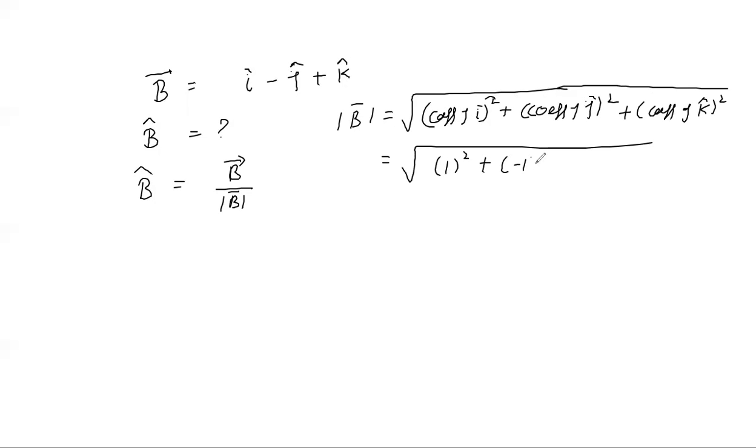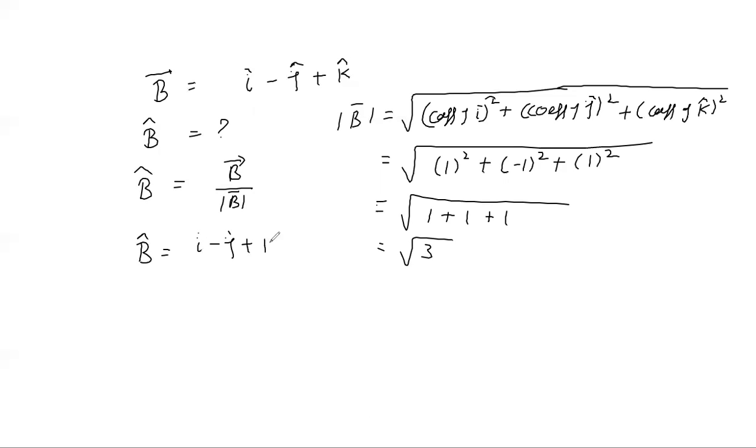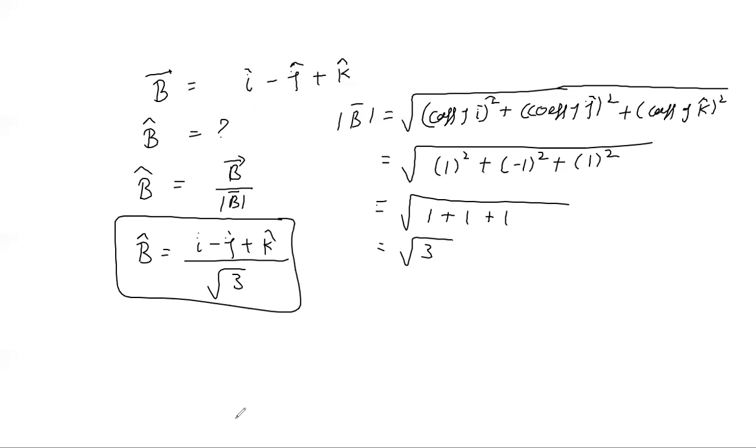That is 1, plus what is the value of coefficient of j? Minus 1, plus 1. So 1 square 1 plus 1 plus 1. So the final answer is under root 3. So if we want to calculate B cap, that is i cap minus j cap plus k cap upon under root 3. So B cap is clear to all of you.